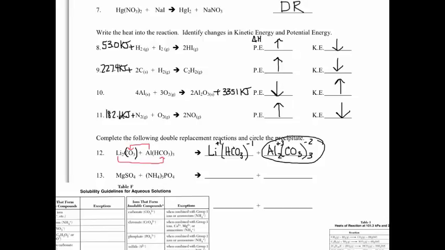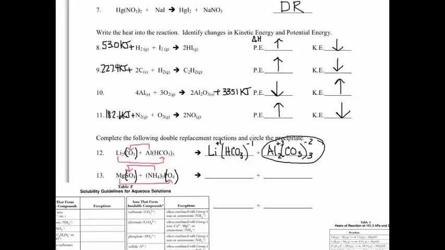Next example, once again, our outsides are going to come together and our insides are going to come together. And I suggest that you put your parentheses around your polyatomics so you don't bring over things you shouldn't and you don't leave out things that you should.